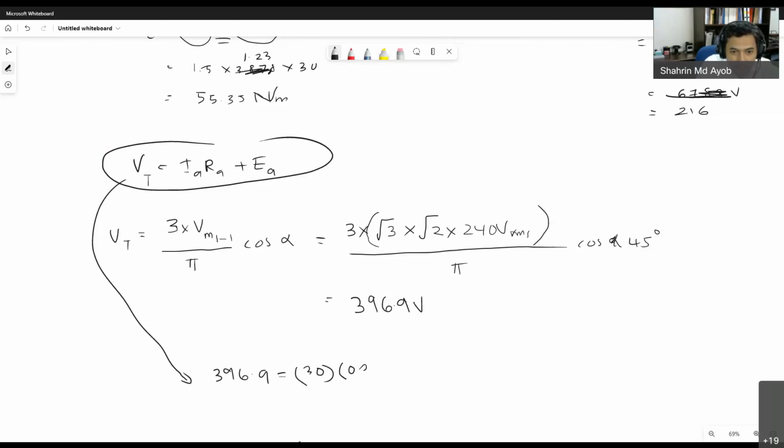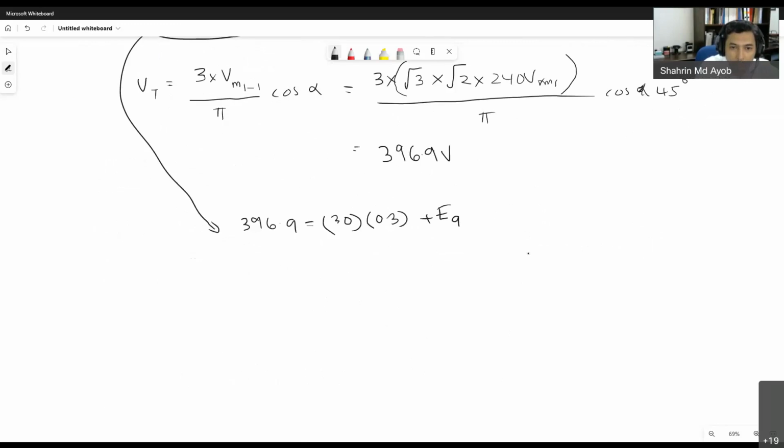R is actually 0.3 ohm. Plus EA. Okay. Because the speed, we can get from this back EMF formula. So 396.9 minus 9 volt. So this one is equal to EA. So your EA is 387.9.